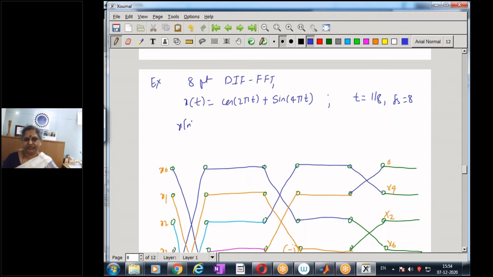And then when we do this, let us see what happens. We need to compute the sequence x of t.